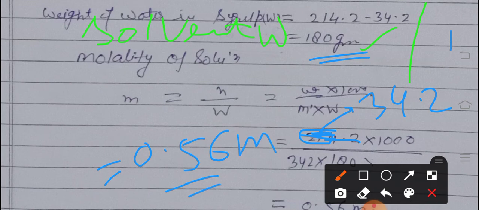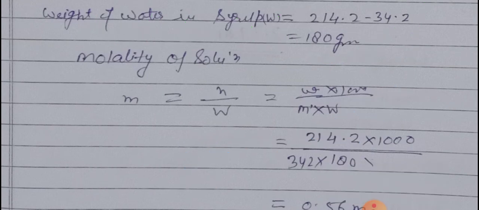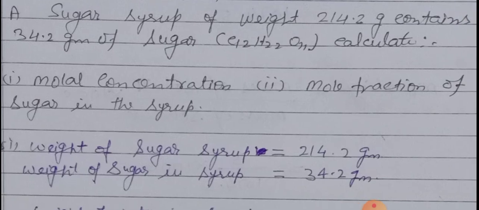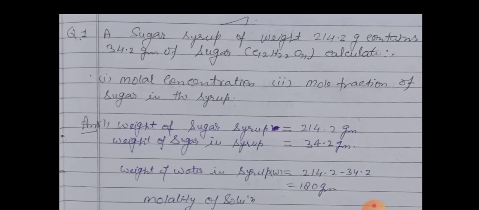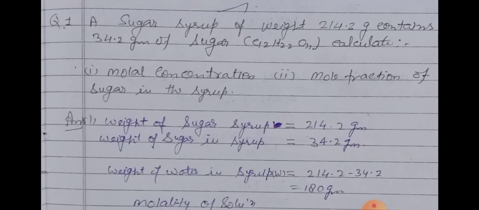Now the second one is the mole fraction of sugar in the solution. We know the mole fraction is defined as the ratio of the number of moles of a particular component to the total number of moles of all the components present in the solution.